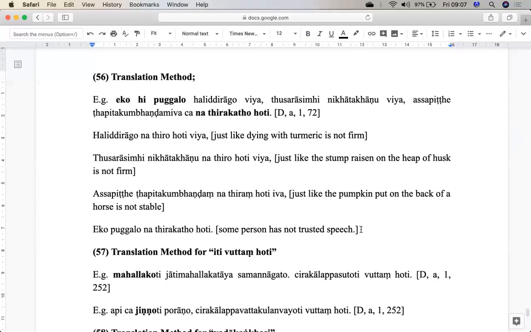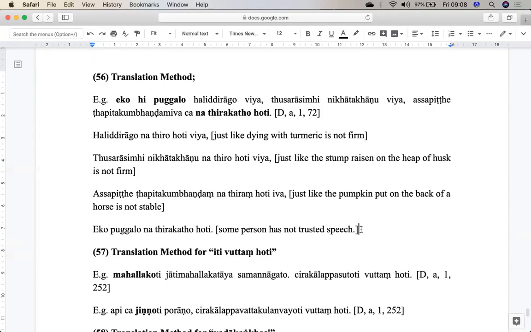The independent clause is complete, but in the dependent clause only the main parts are put. So at that time, we need to take some words from the main sentence also. This method we can understand, not only in the upamana upameya.